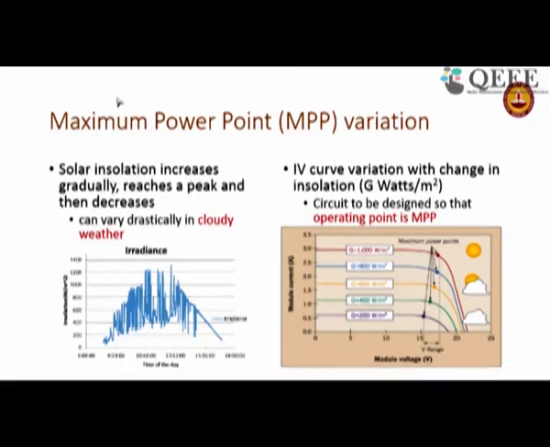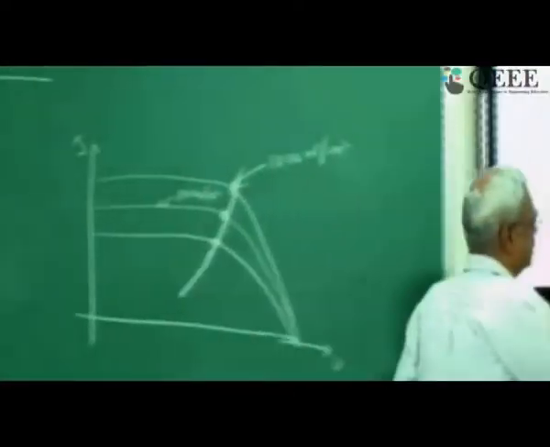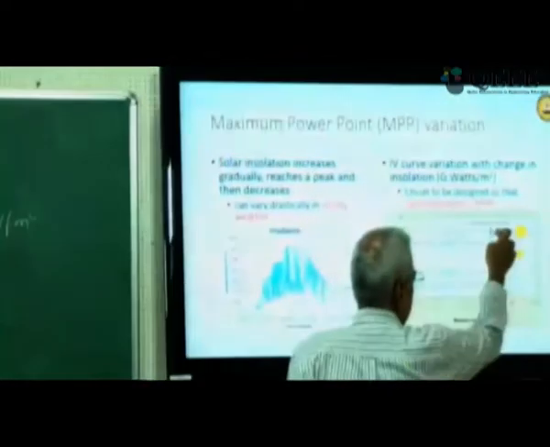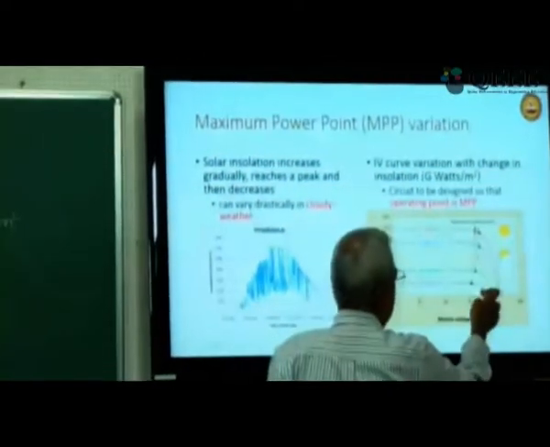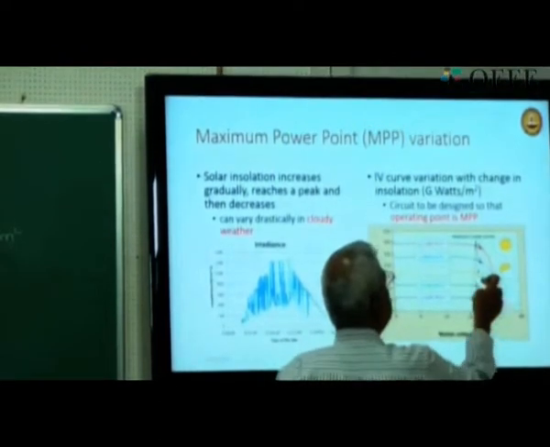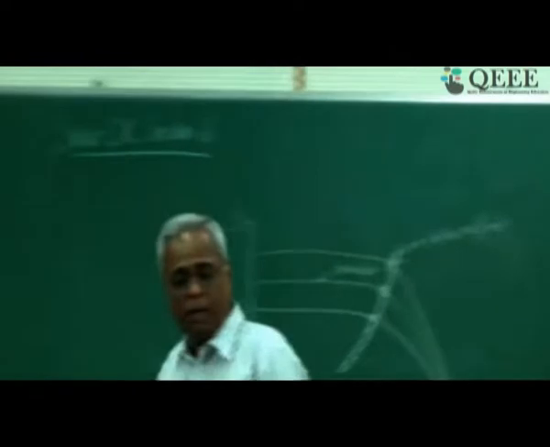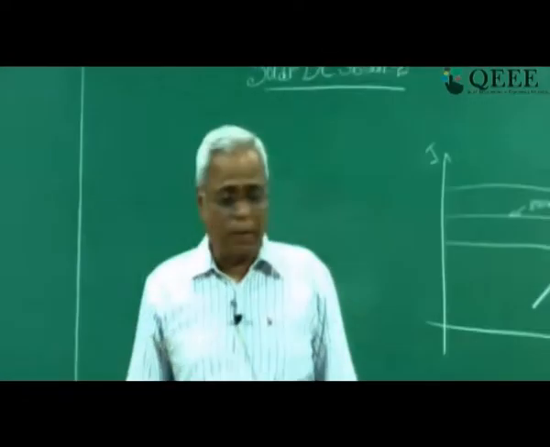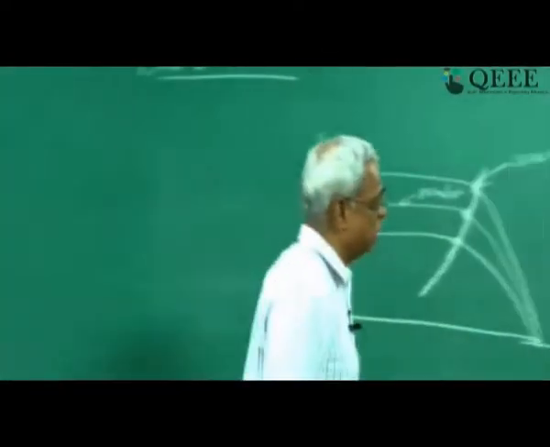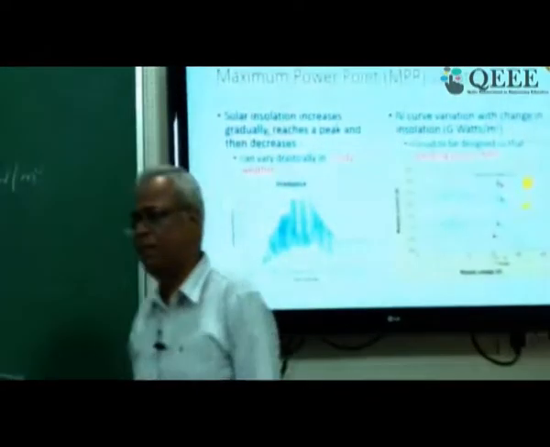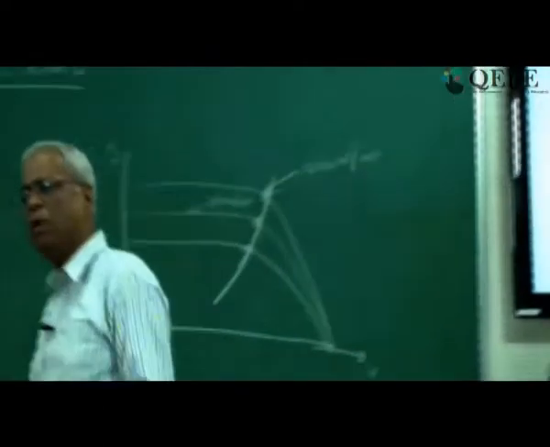If you don't do that, if you just fix it and run at one constant point, at the peak you will get fairly close to the maximum power point, but most of the time when there is a little bit of shade, you are going to get very little power. 40%, 50% power may be lost.